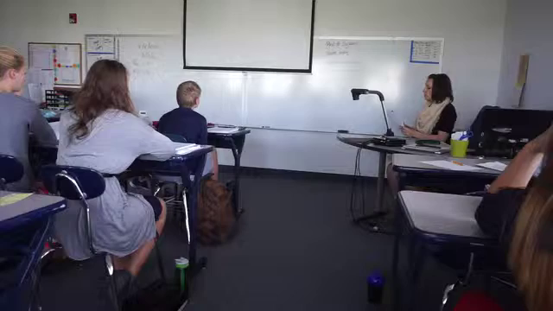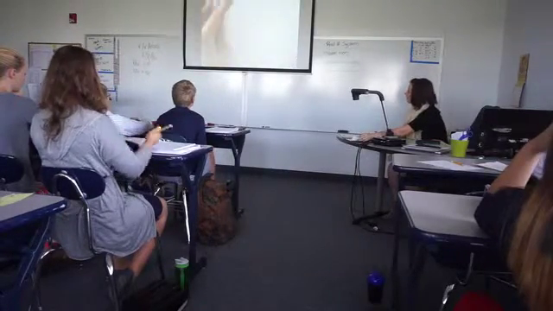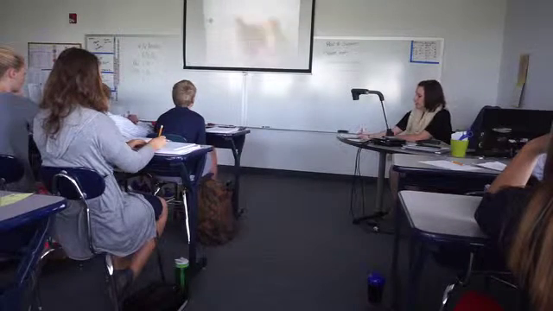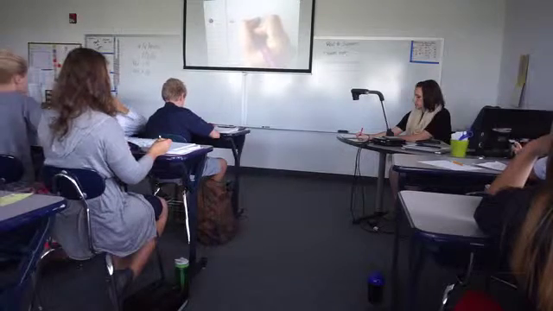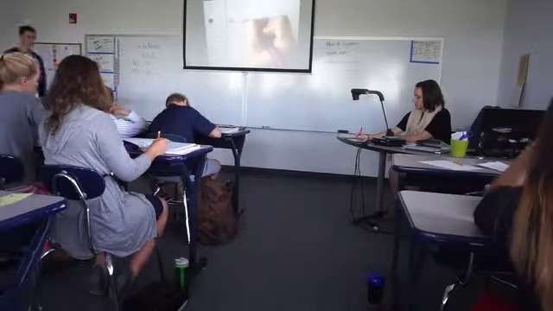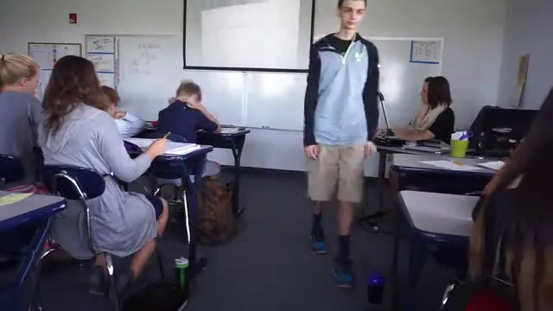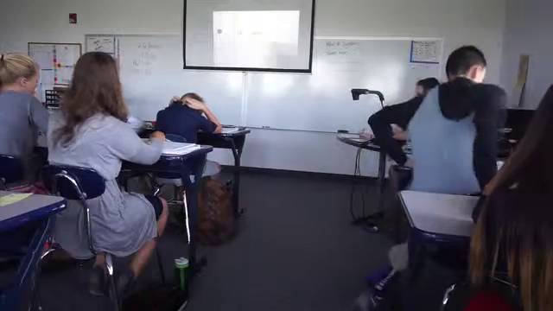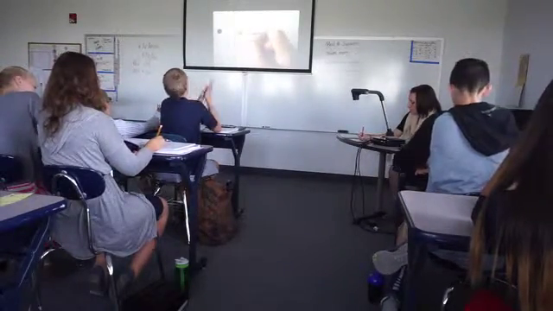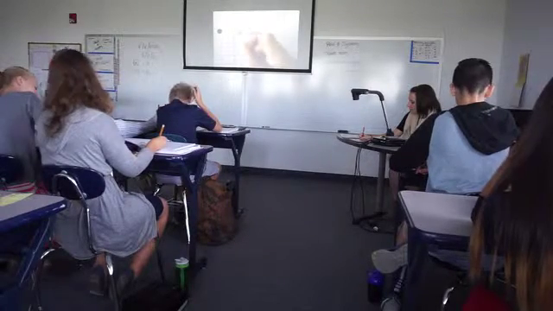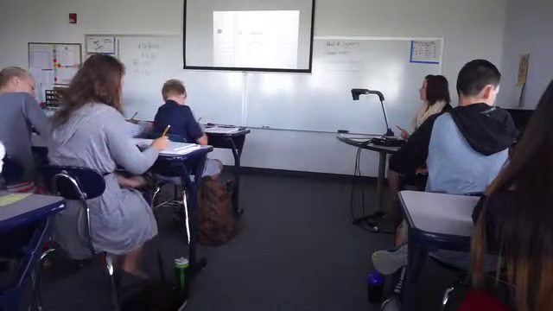Let's do the square root of 29. Move it down where there's less dots. So if I know that I've got the square root of 29, I'm going to find my two closest squares.